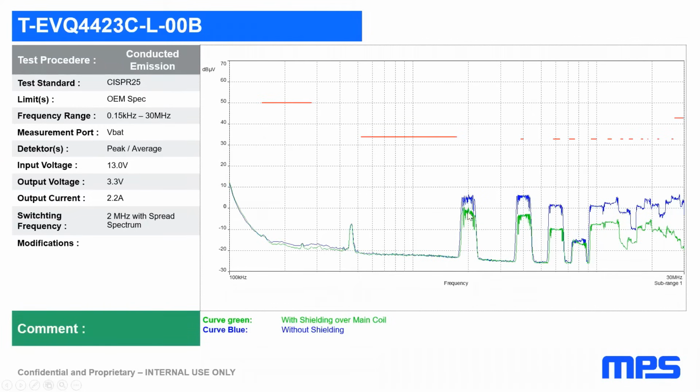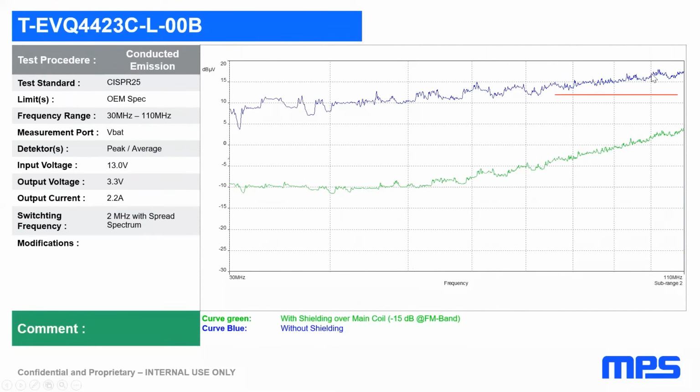We see already at 2 megahertz and the first harmonic at 4 megahertz a significant improvement. Especially in the high frequency range, we would have a problem at 2 megahertz meeting the limits, even with a correct coil orientation. But with the shield, we gain almost 15 dB. So this is massive.